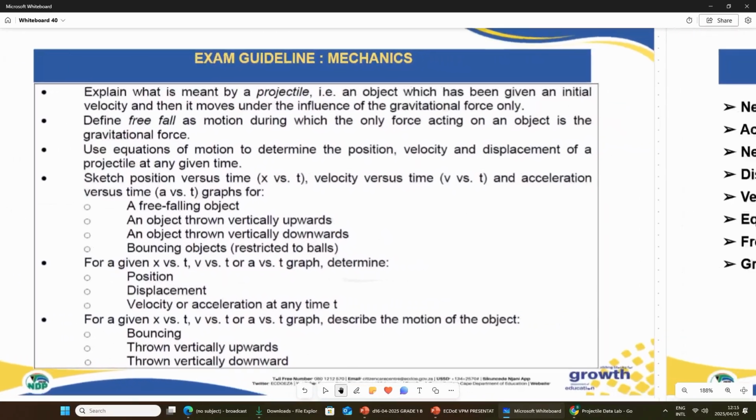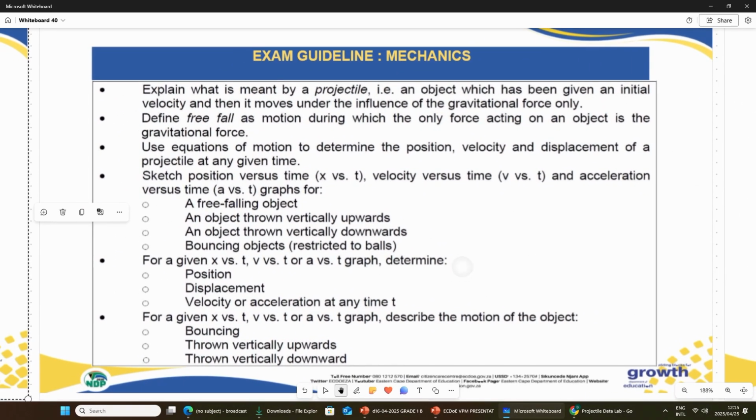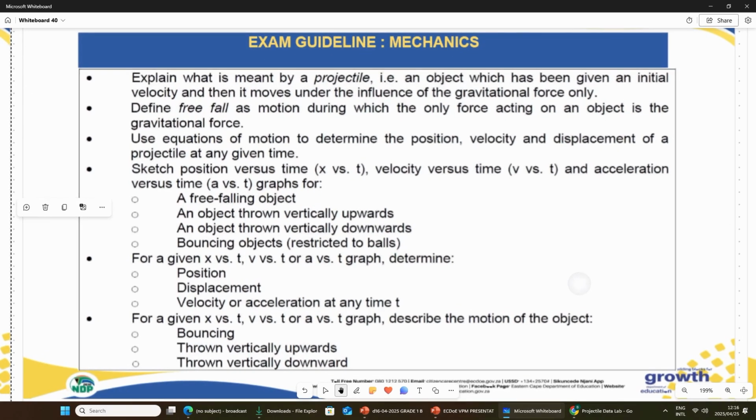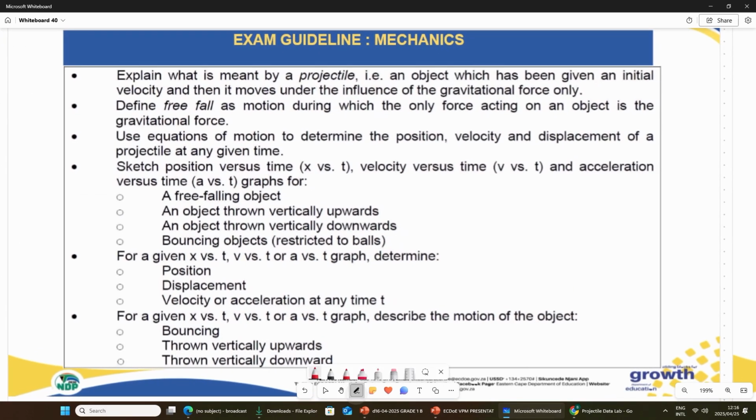As you know, we are being guided by this document. We call that the examination guideline. The definitions that are expected on VPM are: define what is free fall, and also define what is a projectile.